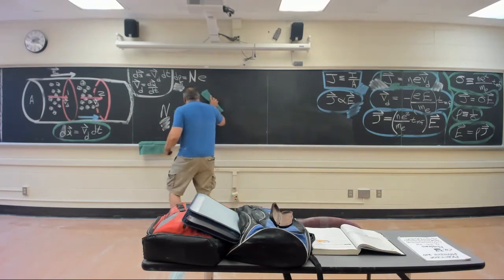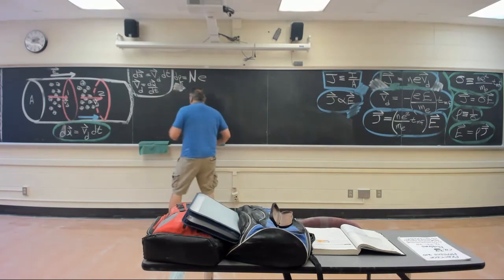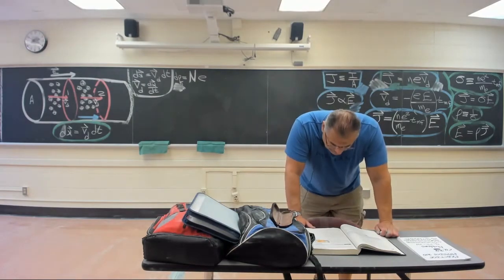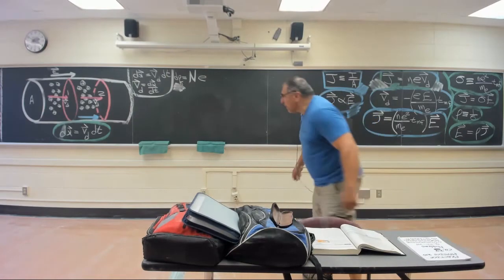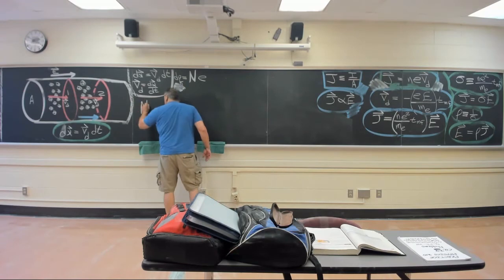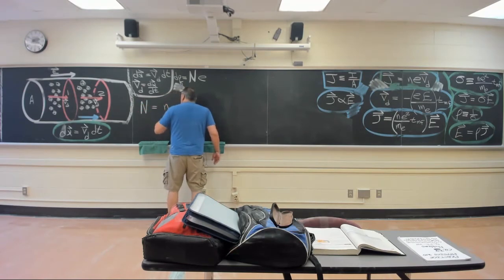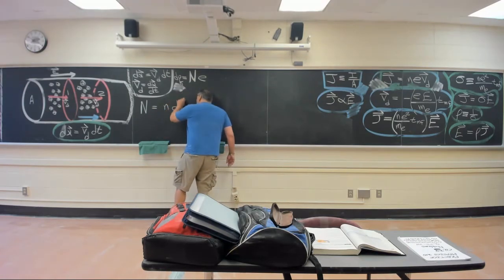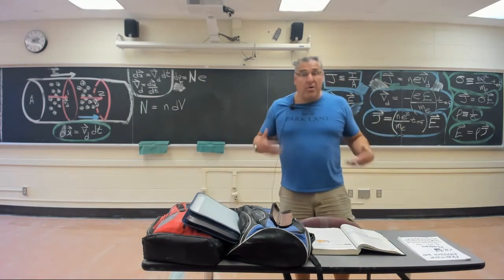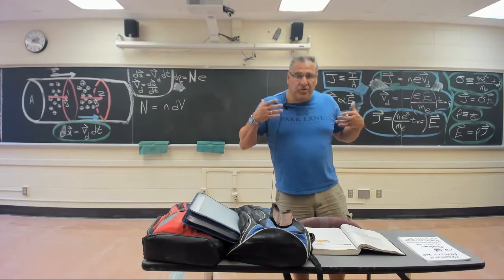So to stay faithful with the differential forms that are talked about here, what does that mean? Well, capital N can still be a huge number. If you want to find capital N, it is the number of charge carriers per unit volume times a differential amount of volume, which will tell you the flat out number of charge carriers.